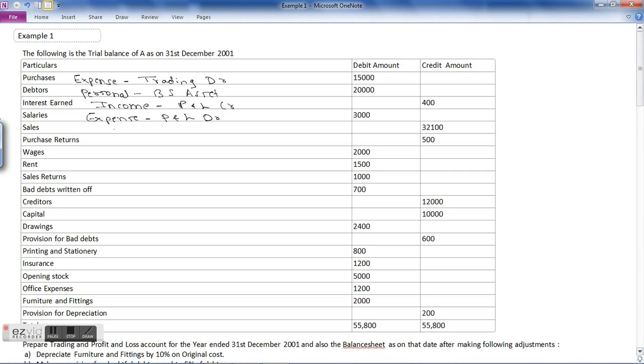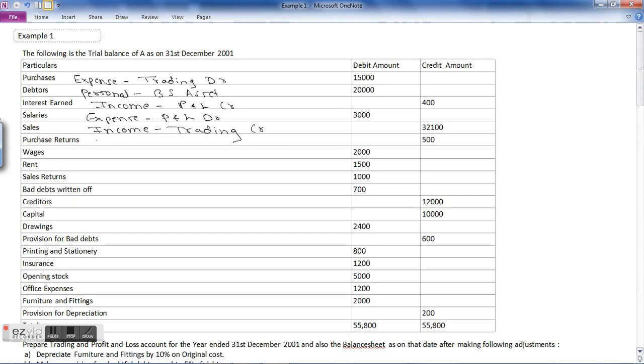Then sales is an income, correct? And since this is a direct income, it will be included in the trading account, credit side. Then purchase returns is having a credit balance.